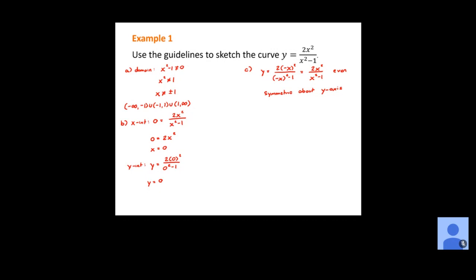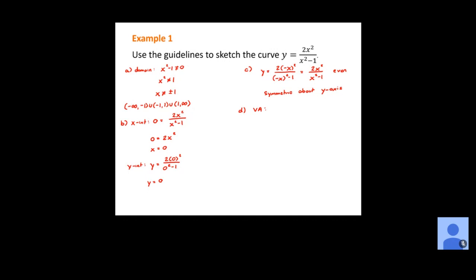All right, part D now, we're looking for any asymptotes. What asymptotes do you want to start with, vertical or horizontal? All right, let's do vertical. How do we find vertical asymptotes? Okay, good.